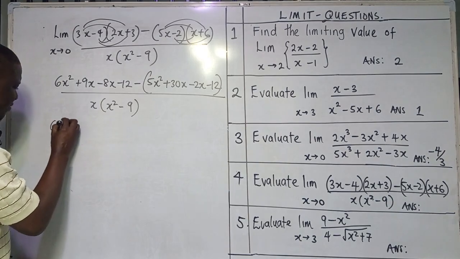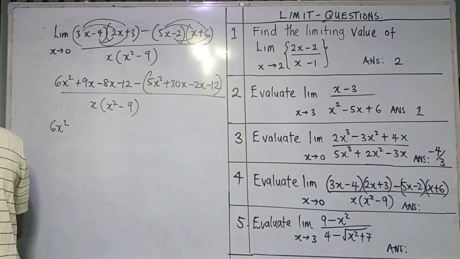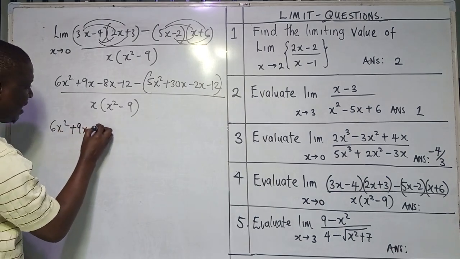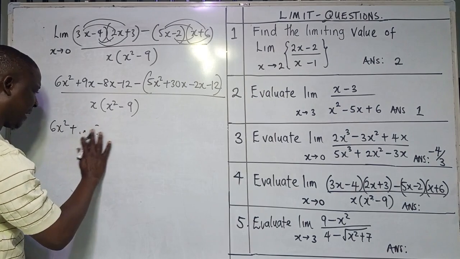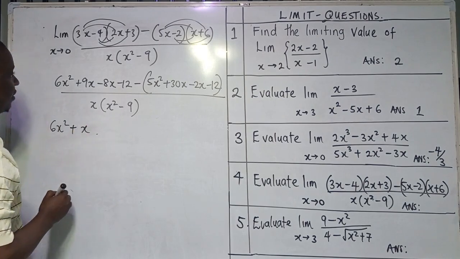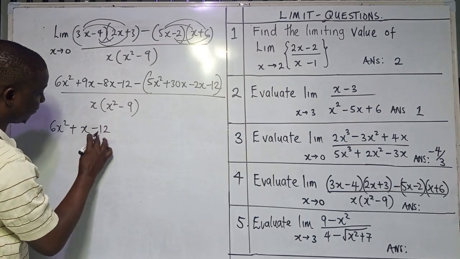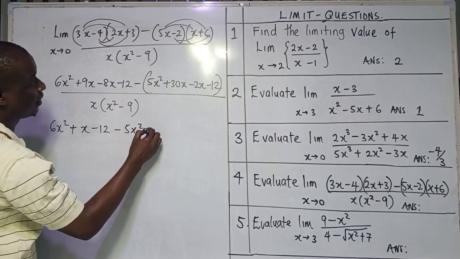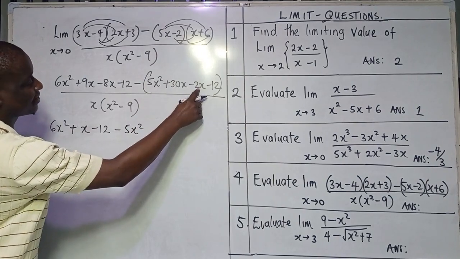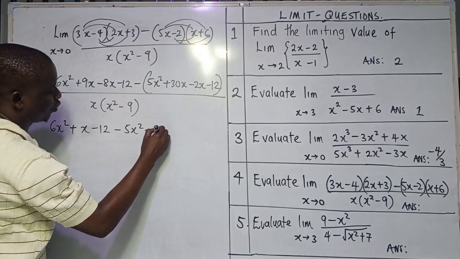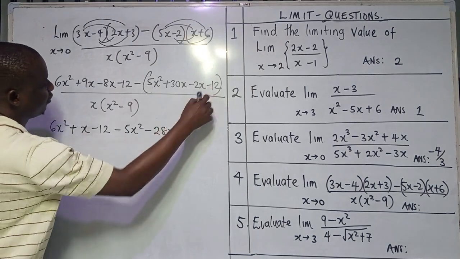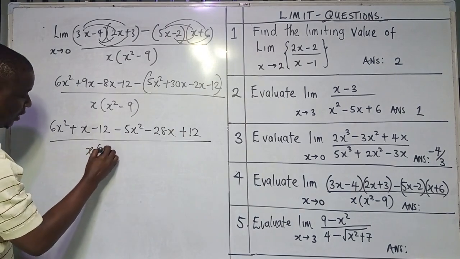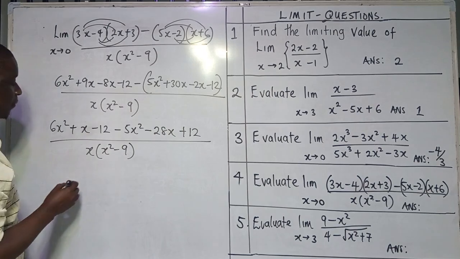We said it was 6x squared, plus 9x minus 8x, that should be 1x first. Minus 12 minus 5x squared, then 28x minus 28x, plus 12. All divided by x into x squared minus 9.